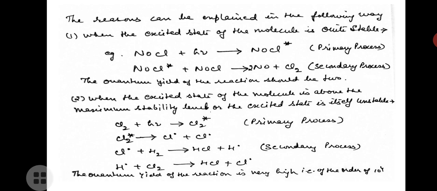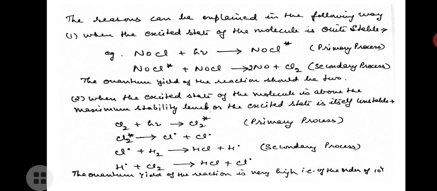Example, in photochemical combination of H2 and Cl2, a chlorine molecule absorbs a photon and gets excited to a level which is above the maximum stability level. You can see all the equations written here in the slide. In this level, the molecule gets dissociated into free radicals.